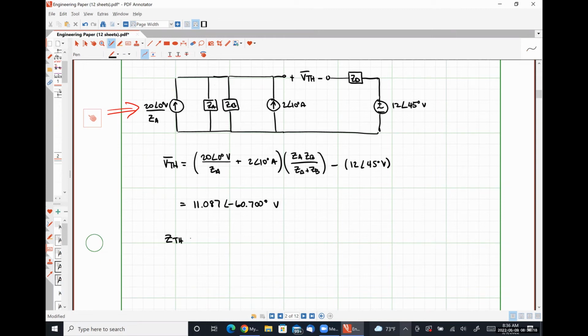So ZTH is ZD plus ZA times ZB over ZA plus ZB. So that's going to be D plus A times B over A plus B.